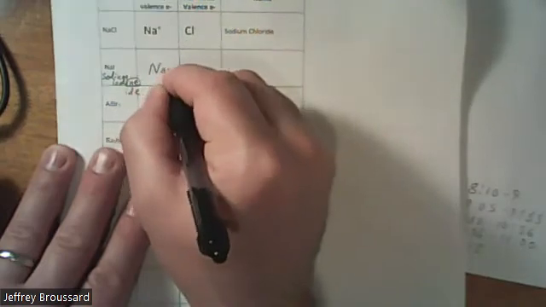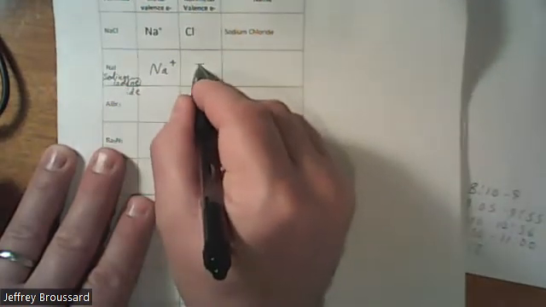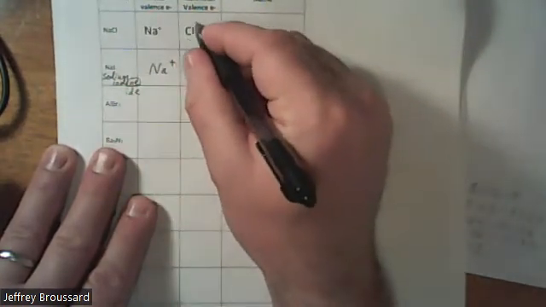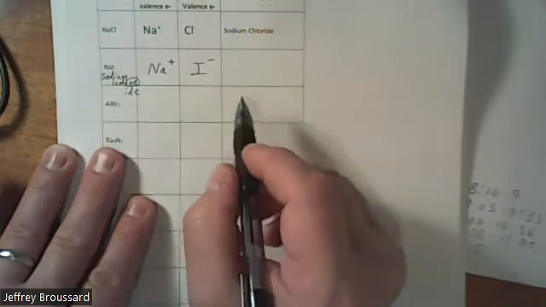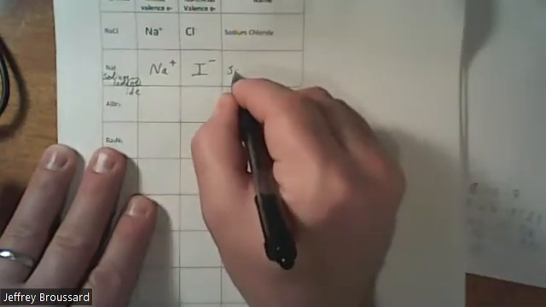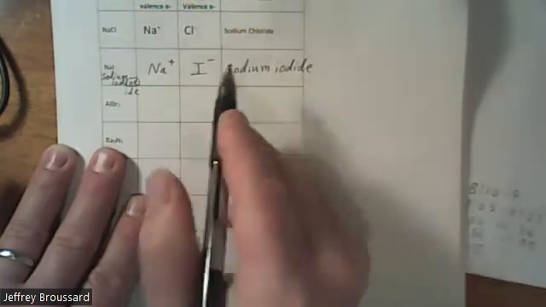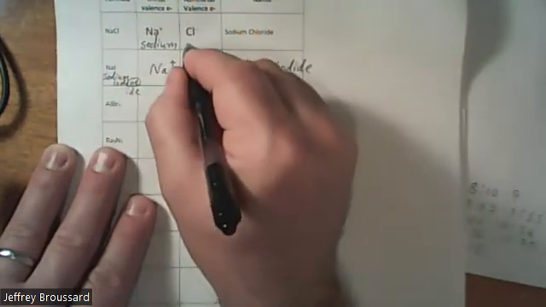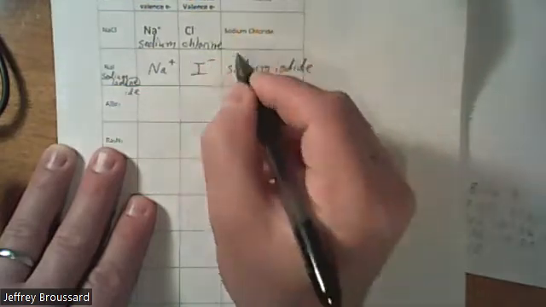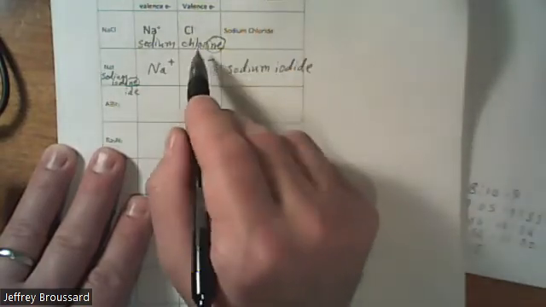So if we have sodium with one positive, like above, we have iodine, I, which is in the same group number as chlorine, 7A, which means it gains a 1 negative charge. When these things come together, we call that sodium iodide. Just like up here, sodium came together with chlorine. We drop that suffix and we change it to IDE, sodium chloride, instead of sodium chlorine.